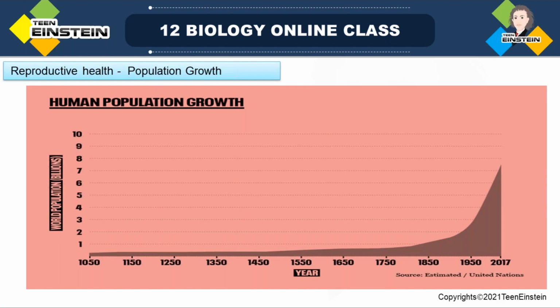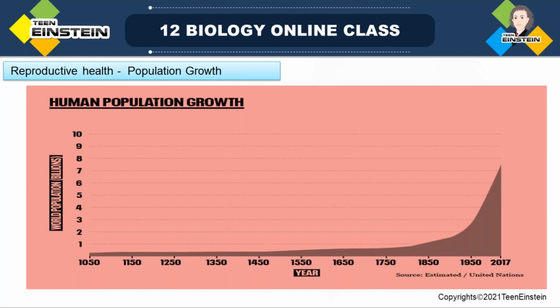Then what is emigration? The number of individuals who left from a particular habitat. That is emigration. Those are going from a habitat.